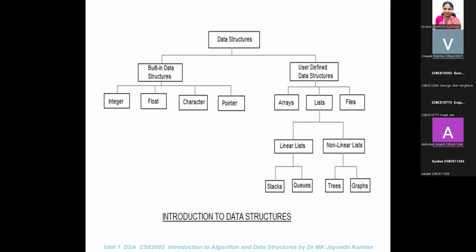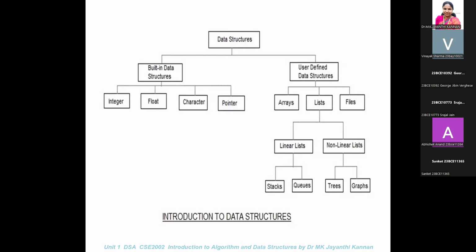Without the built-in data types, characters, float, integer, and double, we cannot do anything with the program, because any language should have its own alphabet and character set. Based on the alphabets only, we are forming the words, sentences, and paragraphs. We are communicating with each other. If you are doing some calculation, I am giving 10 rupees, you give me another 5 rupees, total is 15 rupees. So some mathematical calculation is also part of the language and communication.